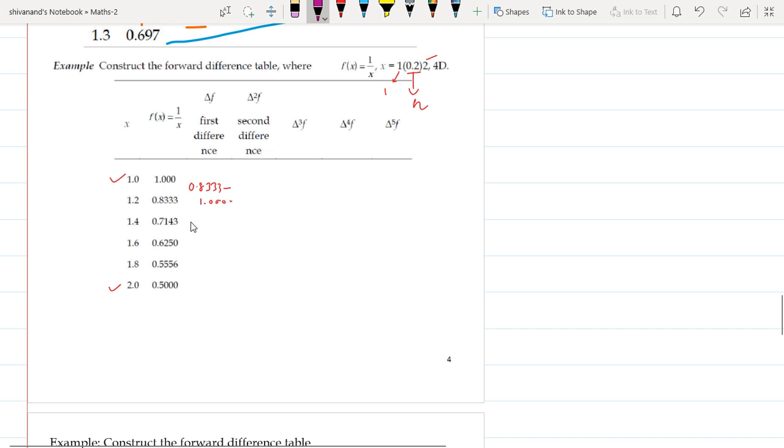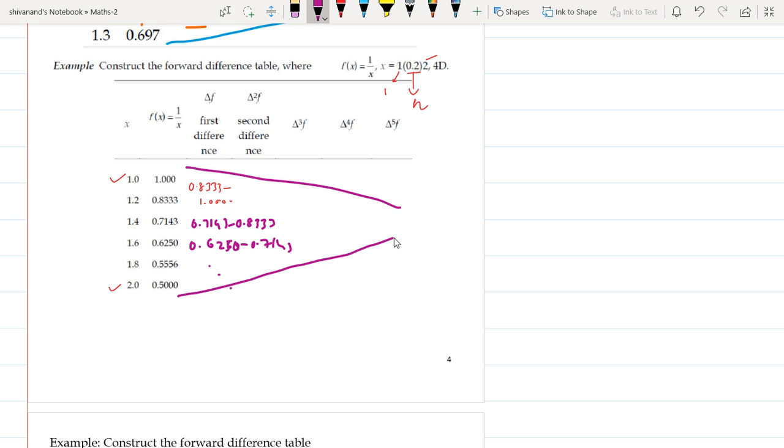Now the second one: 0.7143 minus 0.833, and this is 0.6250 minus 0.7143, and so on, okay?